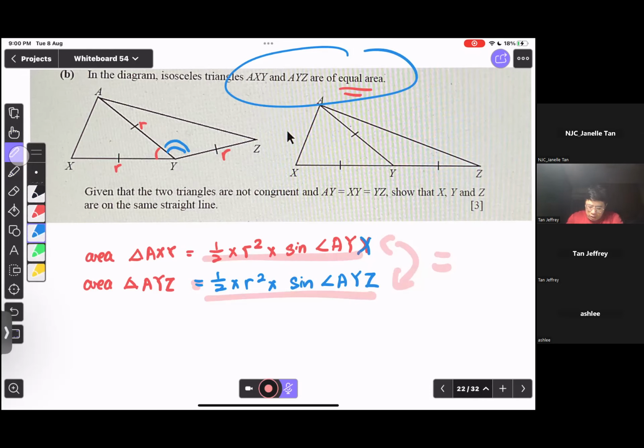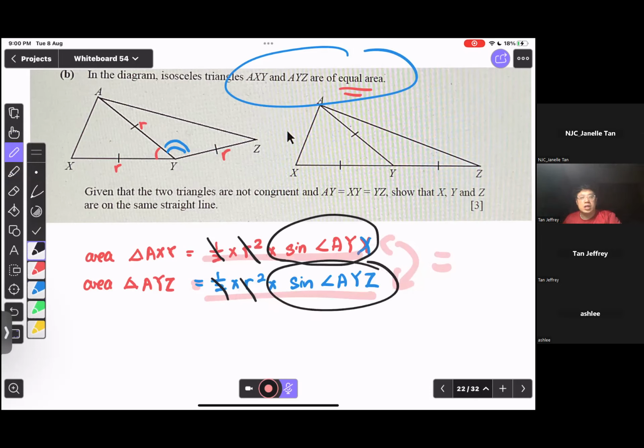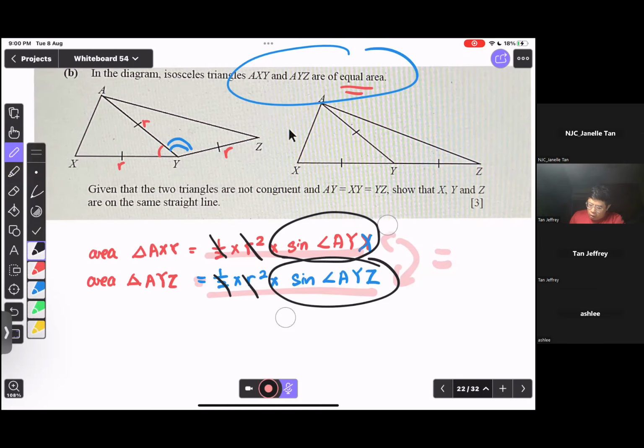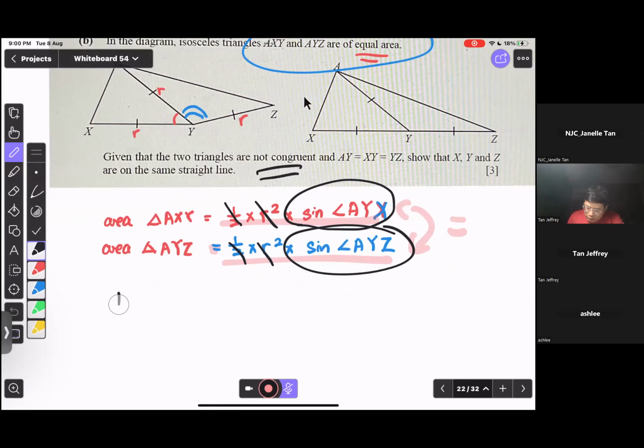So if I cancel half and R squared, it tells me that sine AYX and sine AYZ are equal. But the triangles are not congruent, which means the corresponding angles are not equal. So angle AYX is not equal to angle AYZ.